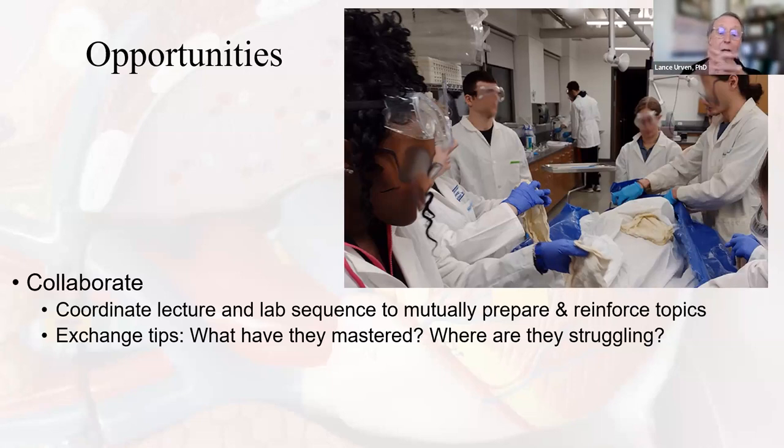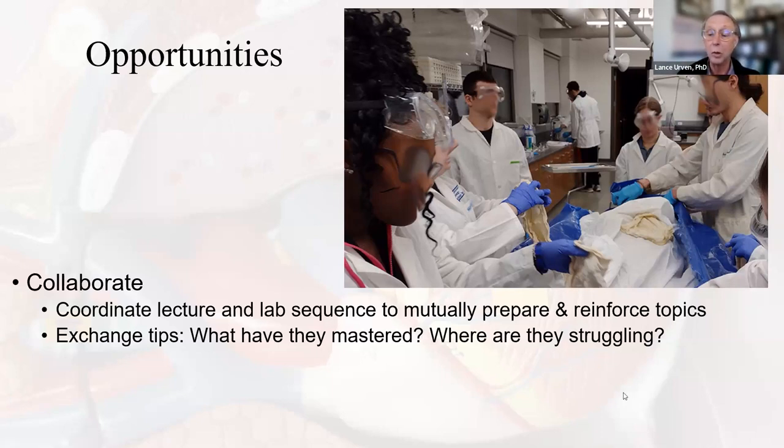And then we meet regularly. How are they doing in lecture? When you covered action potential, how'd they do? Did they have a particular part that they were not understanding? How can I help by supplementing in lab?